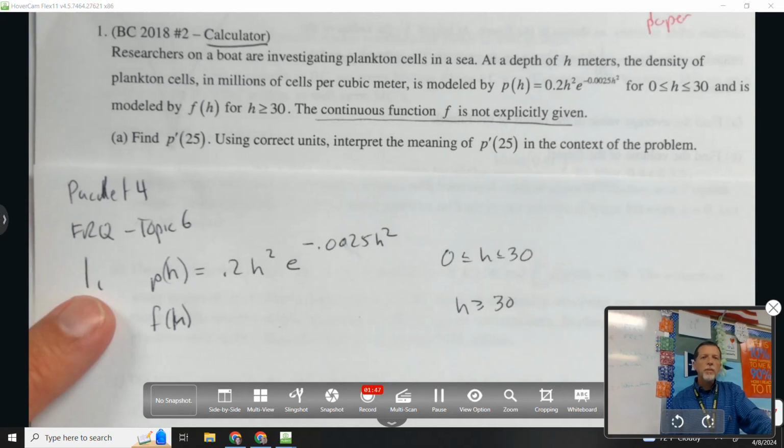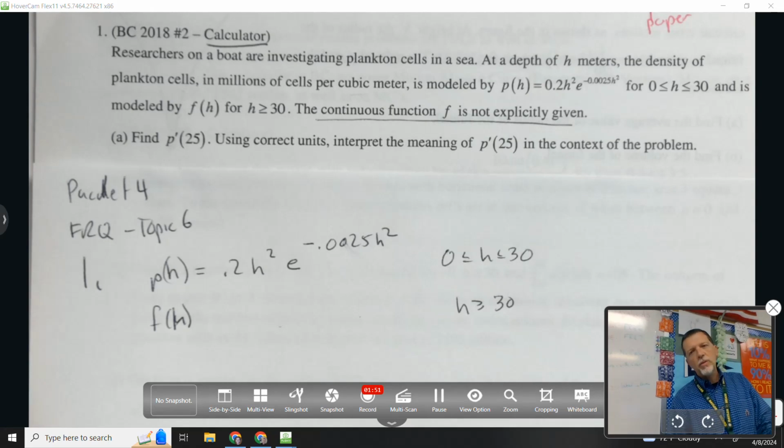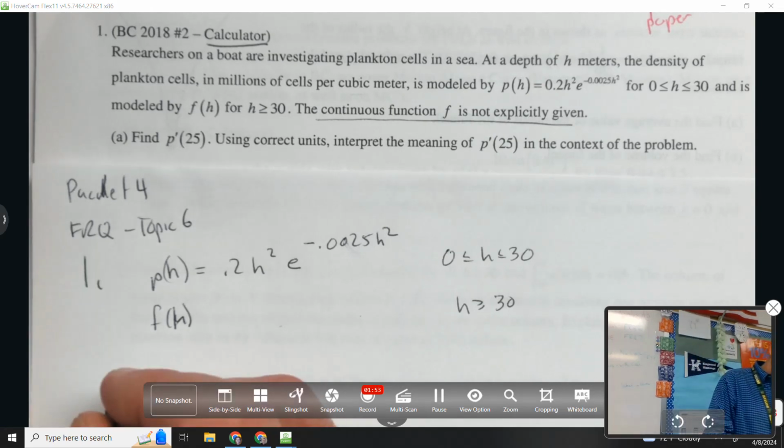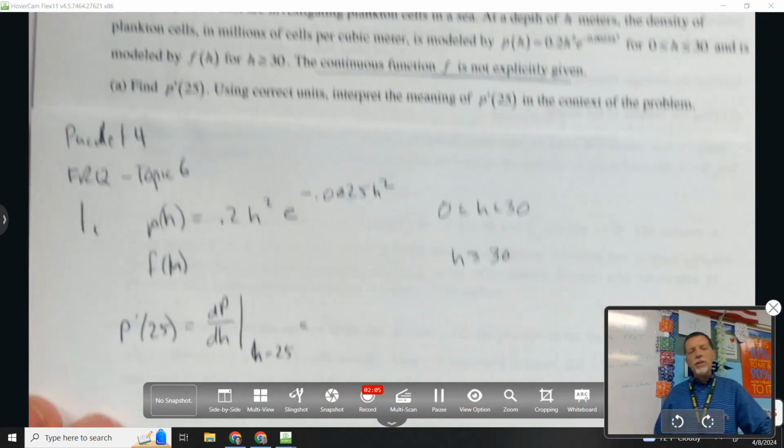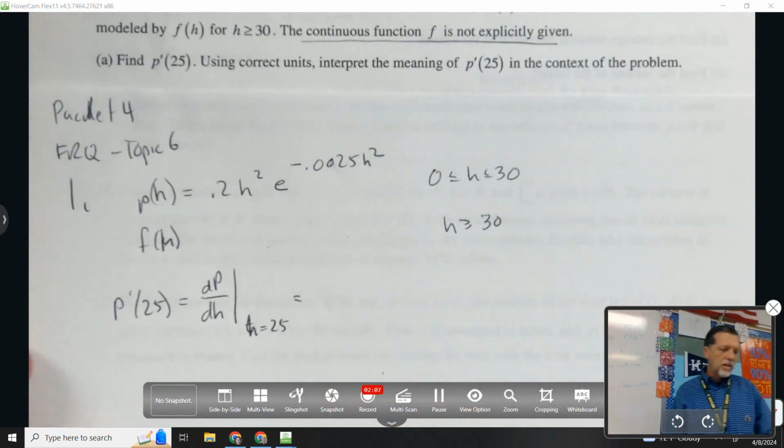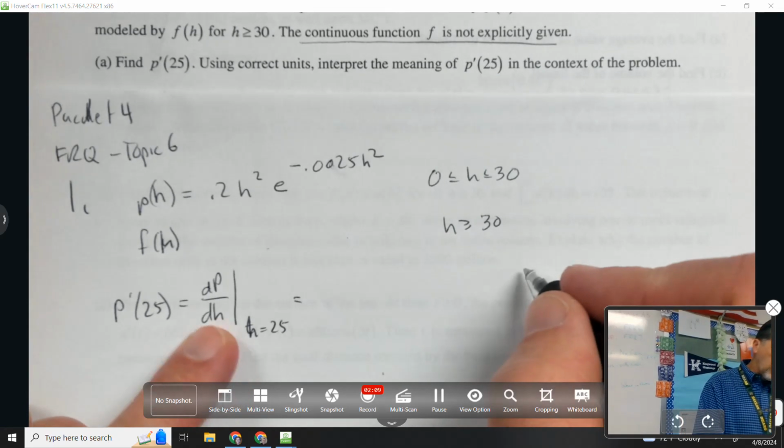Find p prime at 25. Using correct units, interpret the meaning of p prime at 25 in the context of the problem. So p prime at 25, that's the same thing as dp dh at 25. dp dh is going to help me with units more than p prime is. In fact, I'm going to just go ahead and do units right now.